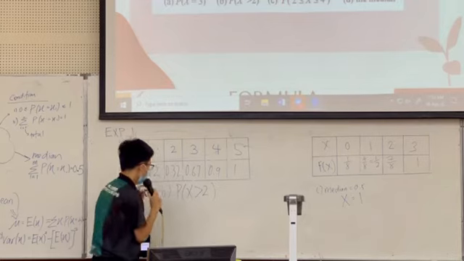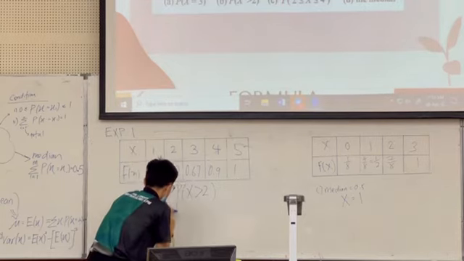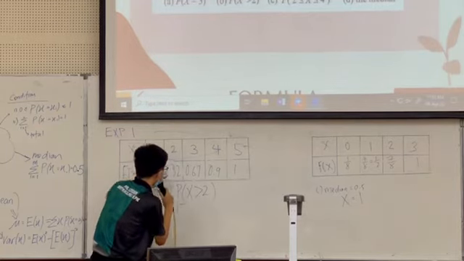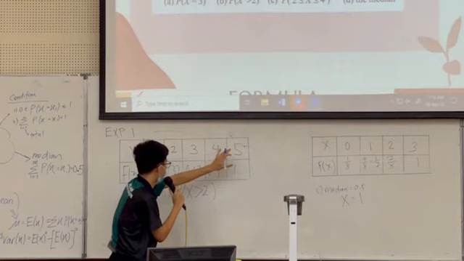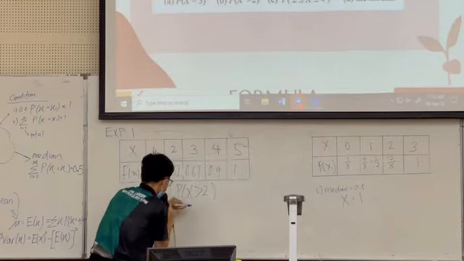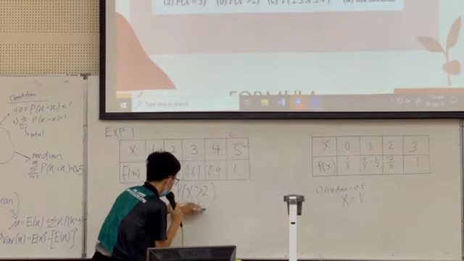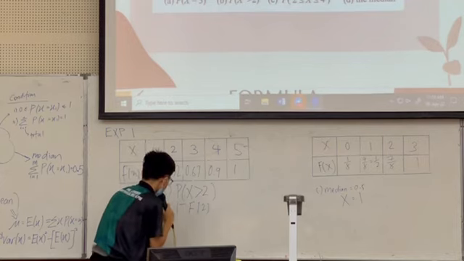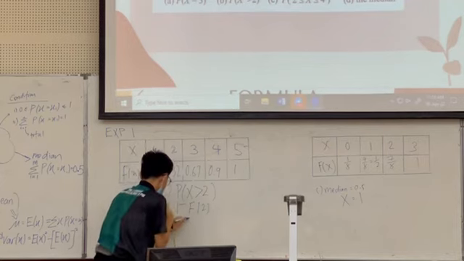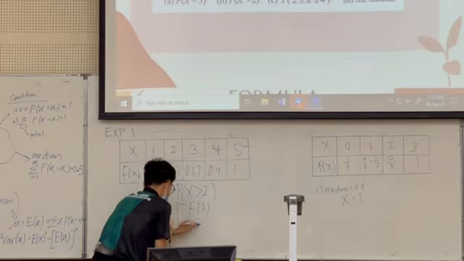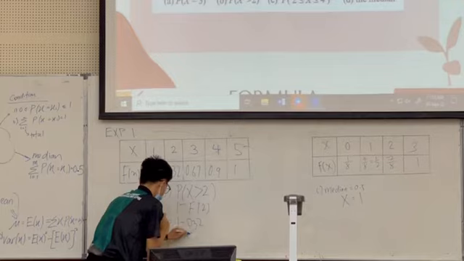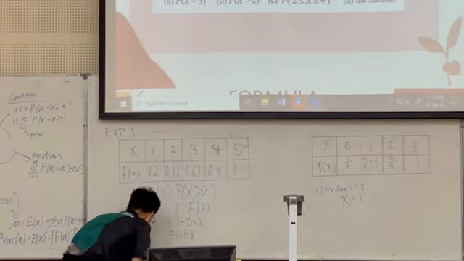So we can just simply do 1 minus this 2. We want to find 3, 4, and 5, so we just simply minus F(2). These 2 we plus together and get 0.32. So 1 minus 0.32 is equal to 0.68, if I'm not mistaken. Yes, it's correct.